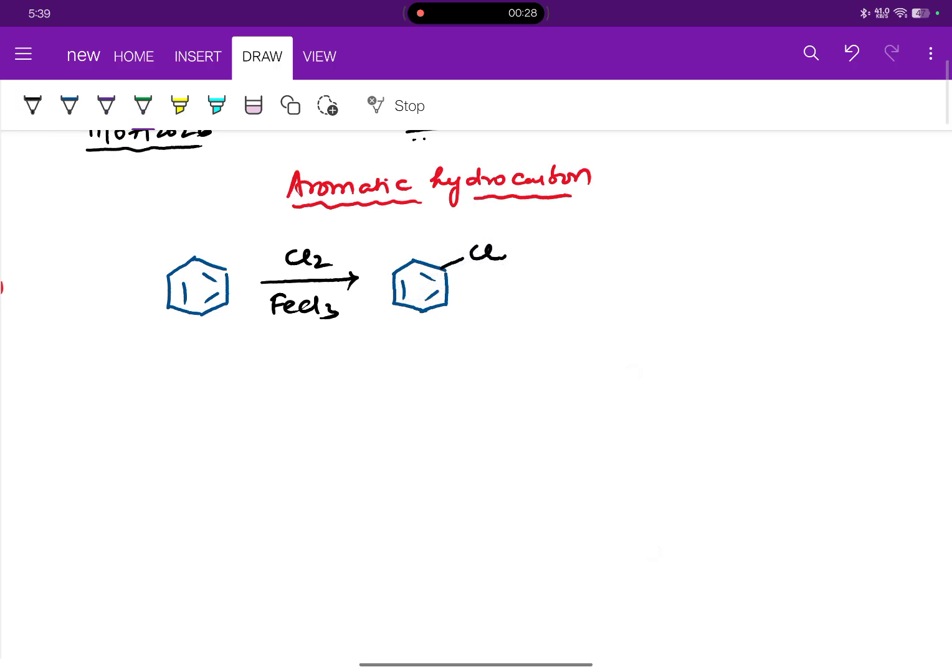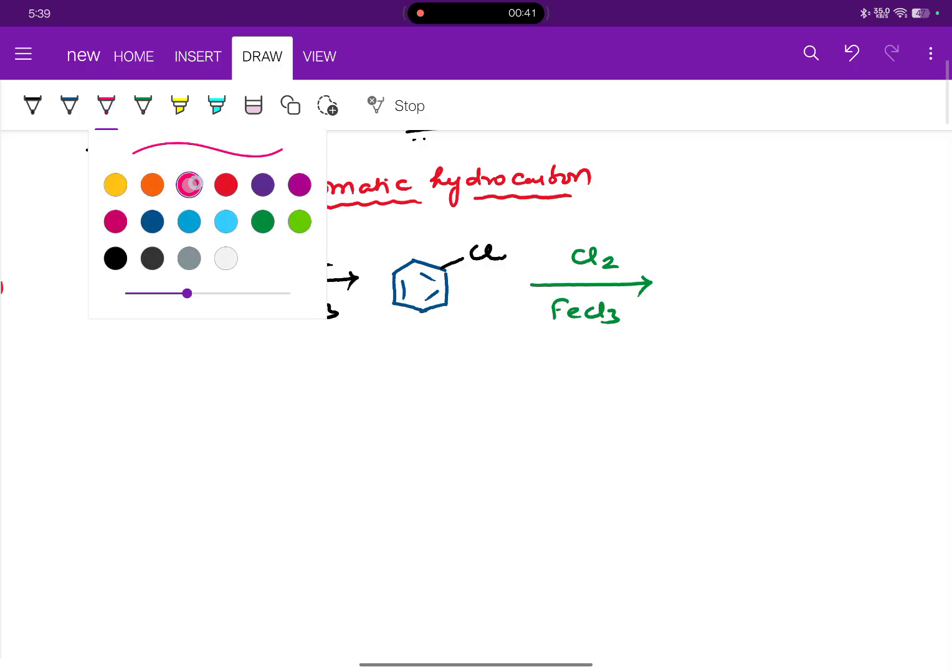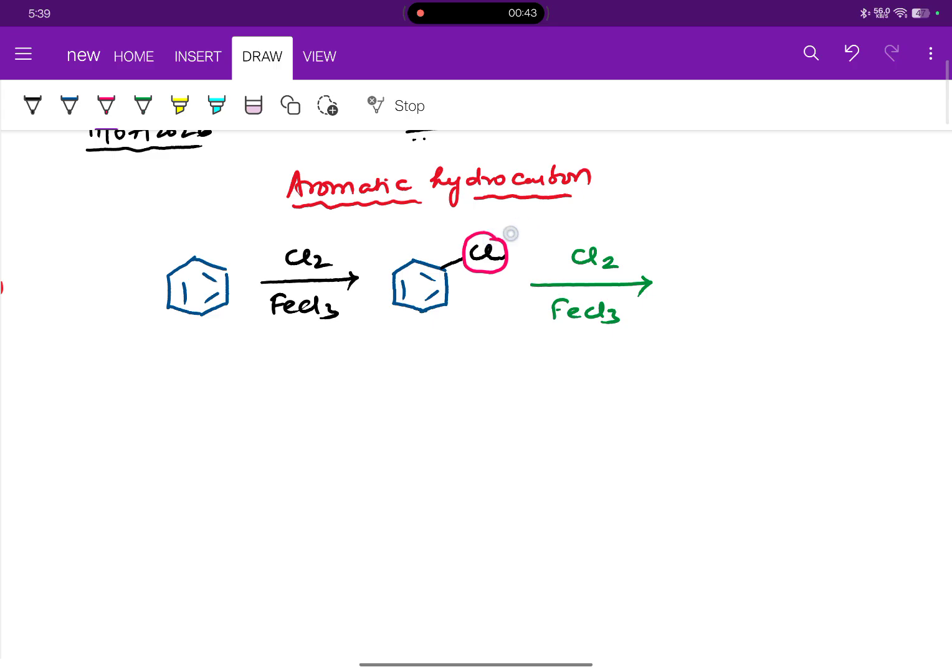Now to this, if I add a second chlorine, as I said before, the chloro group is an ortho-para director. What is the nature of the chloro group? It is an ortho and para director. So para will be the major product, right, sir? Perfect.